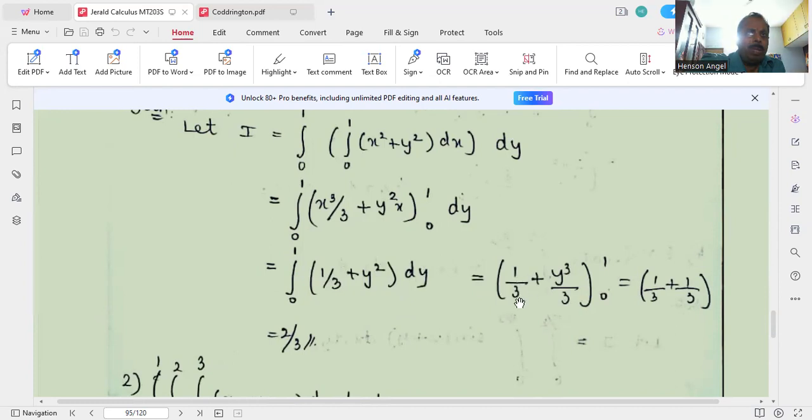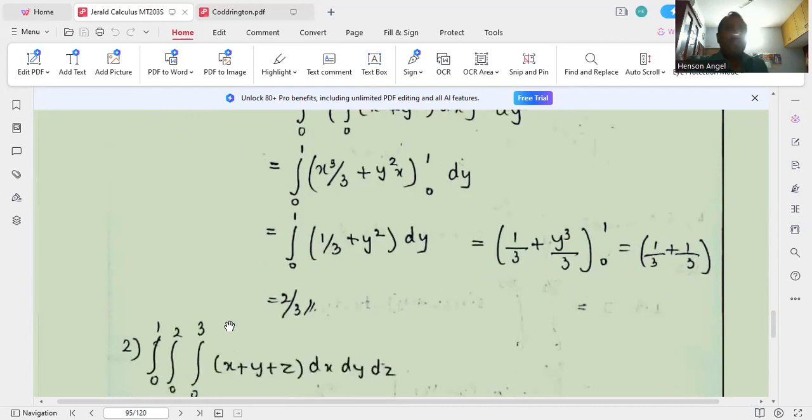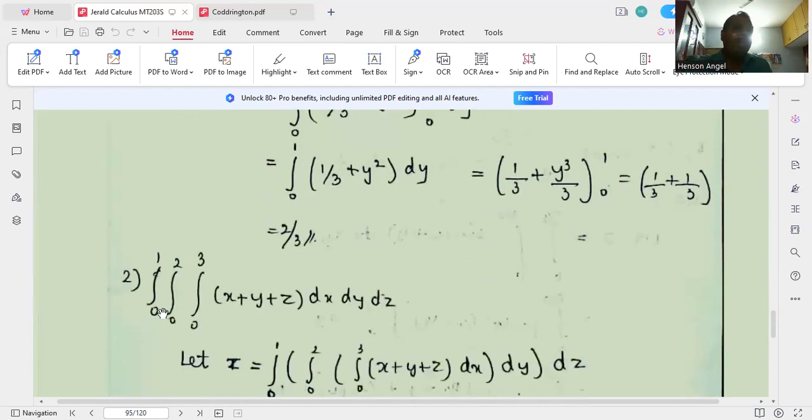Here we get y by 3, limit 0 to 1. When you apply the limits for y, that is 1 by 3 plus 1 by 3, which equals 2 by 3. Right.